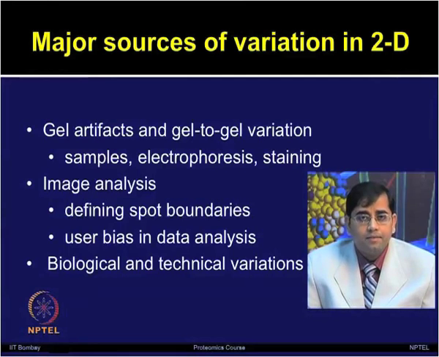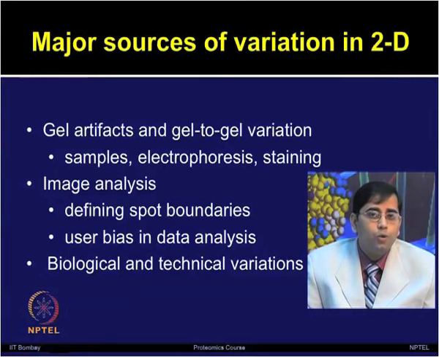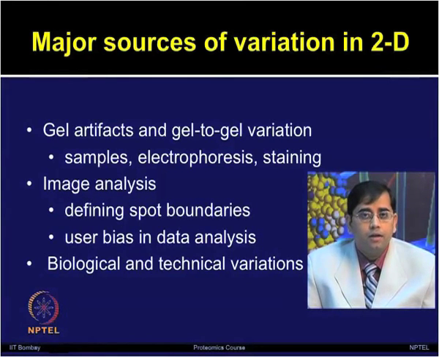Image analysis itself is a very challenging process: how to define the spot boundaries, how to extract the intensity information from those spots. Often there is a user bias in this type of data analysis. So, these are the major sources of variation in two-dimensional electrophoresis.